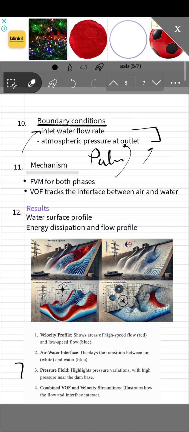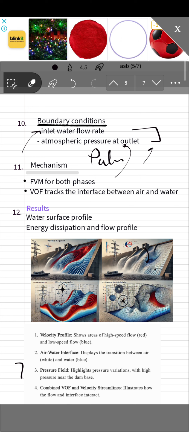Secondly, you can see an air-water interface between the water and the air. Water is shown in the bluish regions, like this one, so here the water content is more.